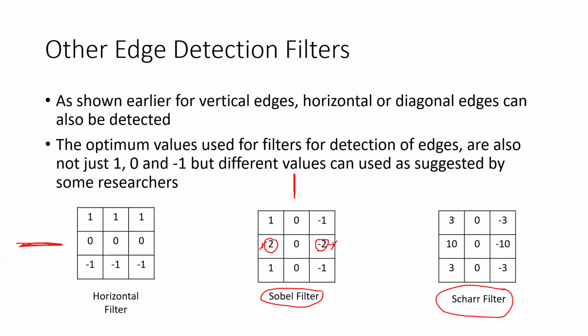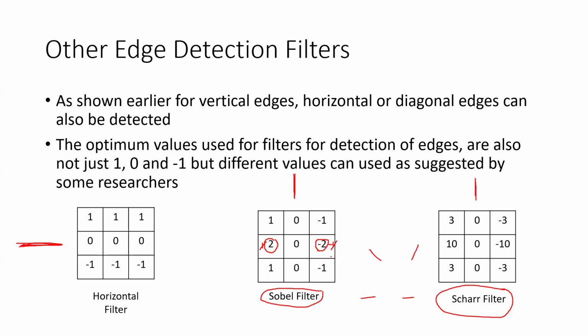It is another variation, also a vertical edge detector. So different people have found different kinds of filters to detect vertical edges. Similarly, they have found different filters for horizontal edges, diagonal edges, and so on.